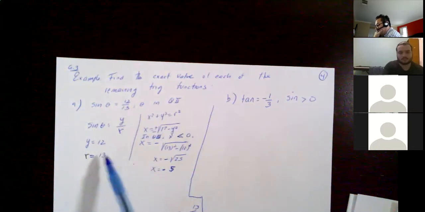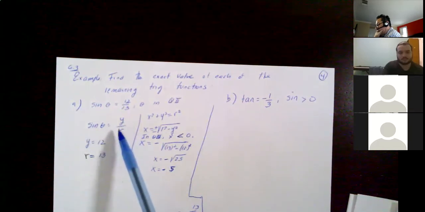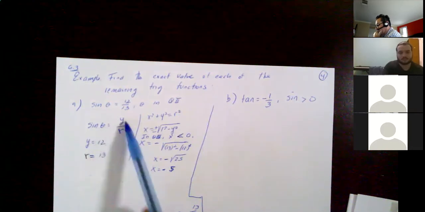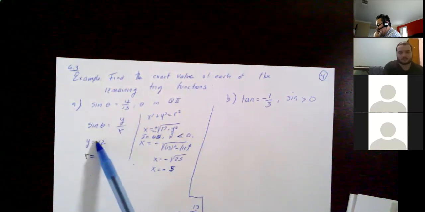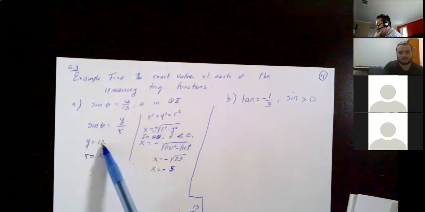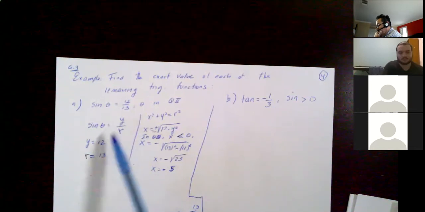So I know that sine of theta is equal to y/r, right? Based on the definition of the sine, I can find the value of y, which is 12. By the way, the value of y in quadrant 2 is positive, right?